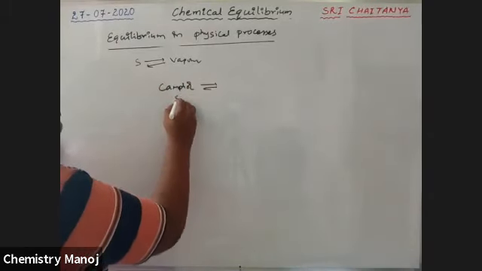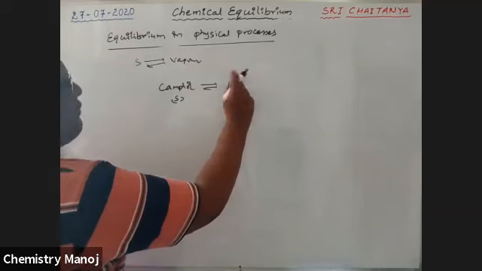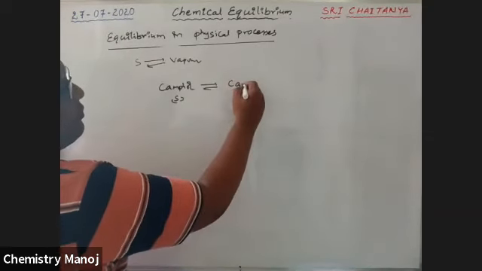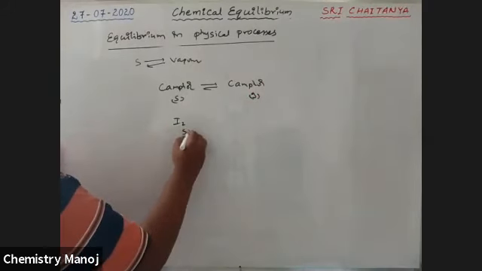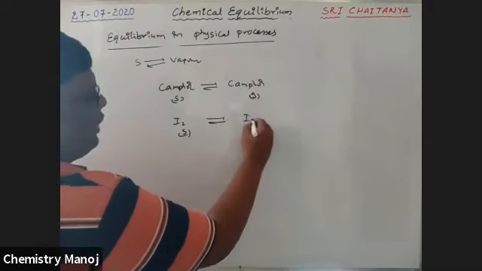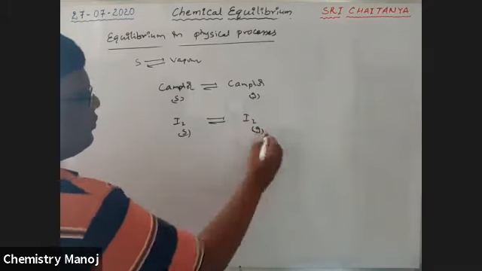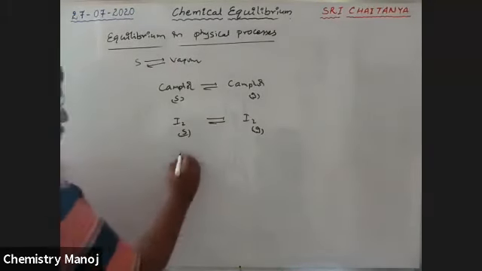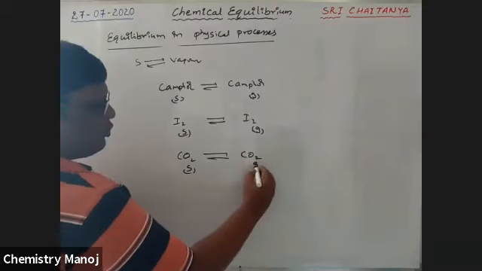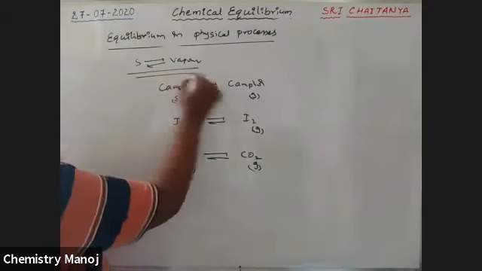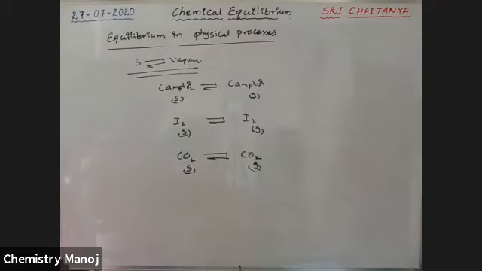Camphor is in the solid phase and also in the gaseous stage, just like I2 solid is vaporized to I2 gas. CO2 solid state is in equilibrium with CO2 gaseous state. All these are solid-vapor equilibrium conditions.